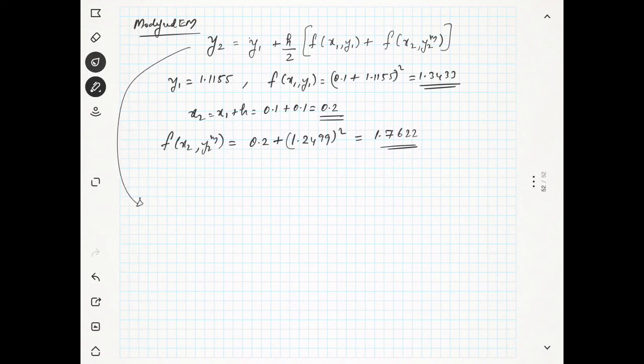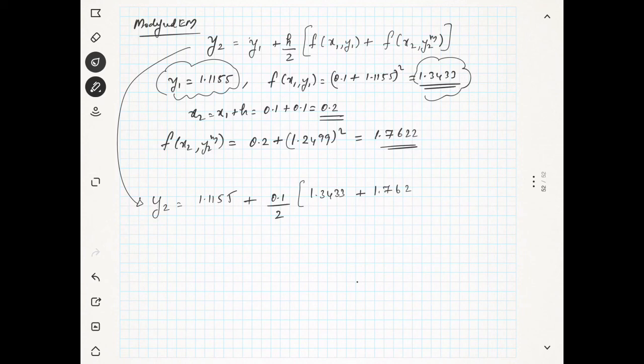Now you can use this formula for modified Euler's method. y2 is equal to y1, which is 1.1155, plus h, which is 0.1, over 2 into f of x1 y1, which is 1.3433, plus 1.7622.